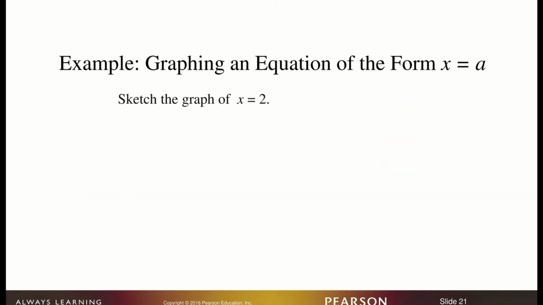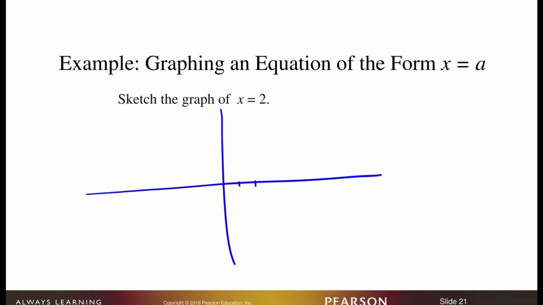Graph the equation x equals 2. Now, you could do this just by reasoning, saying, oh, x equals 2, the x value never changes, so it's going to be a vertical line, and of course, it's going to go through x equals 2, like this, right?